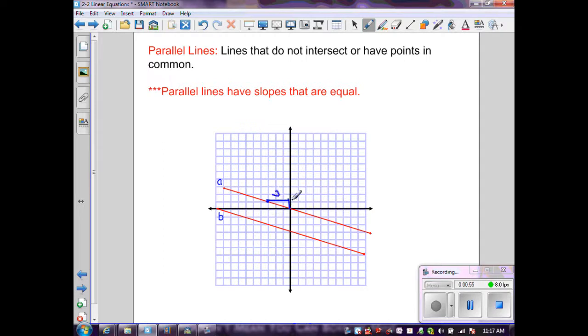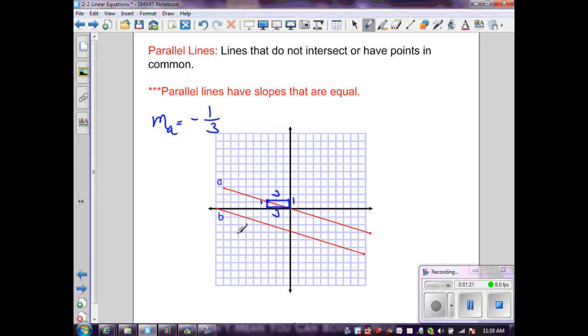Or I could also go down 1 and over 3. Either way, the slope for line A is going to be a negative, because it's decreasing from left to right, rise over run. So this would be a negative 1/3.